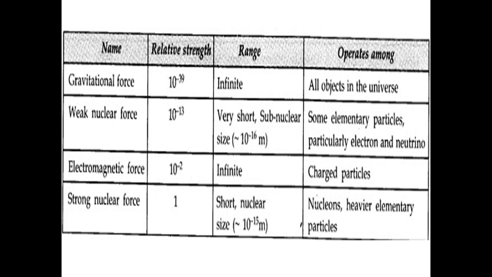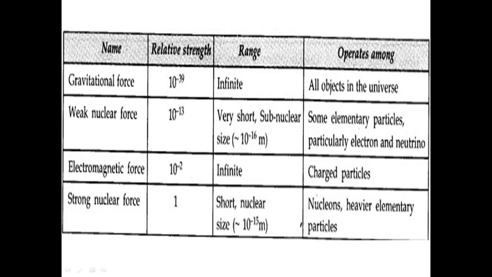Its relative strength is about 10 raised to minus 39. Its range is infinite. We know that stars, moon, sun, everything in the universe experiences this gravitational force. It operates among all the objects in the universe.